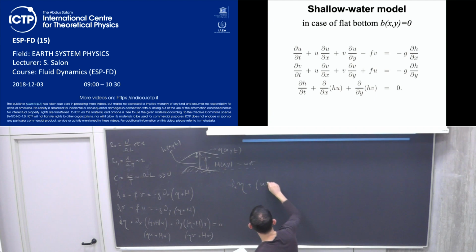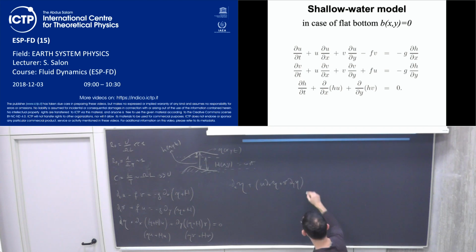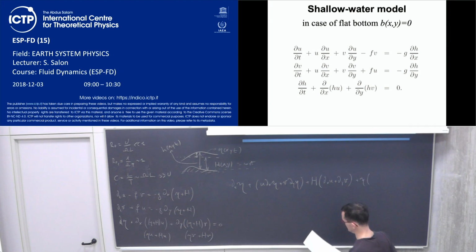So we will have u dx eta plus v dy eta. Then we gather the terms related to capital H, dx u plus dy v. And finally, the terms which are related to eta.